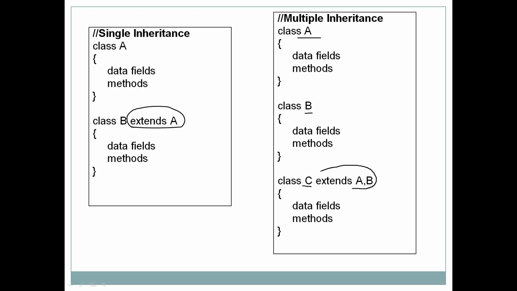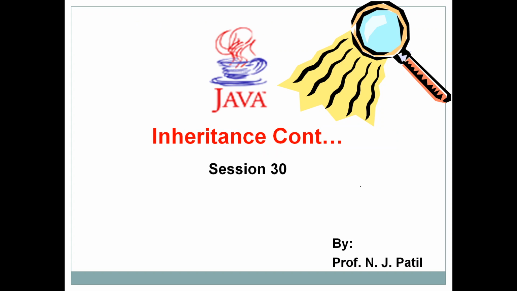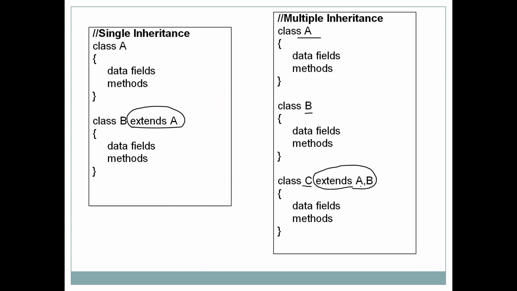Here it is inheriting from class A and class B. So multiple inheritance, C is inheriting from A and B, but as I have said, this form of inheritance is not supported by Java. So this type of inheritance, extends A comma B, or inheriting from multiple classes, is not supported by Java.